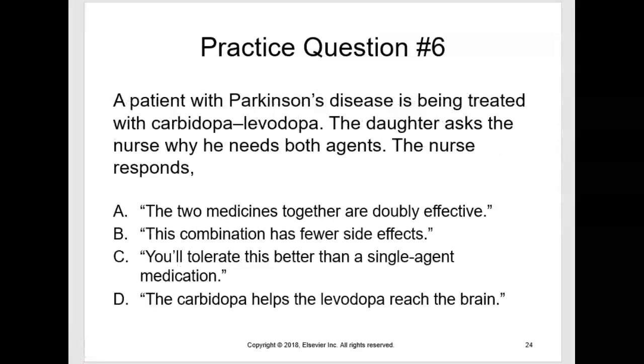For question 6, the correct answer is D. Because of the side effects of levodopa and the fact that so much levodopa is metabolized before reaching the brain, an alternative drug, carbidopa, was developed to inhibit the enzyme dopa decarboxylase. By inhibiting the enzyme in the peripheral nervous system, levodopa reaches the brain. The carbidopa is combined with levodopa in the ratio of 1 part carbidopa to 10 parts levodopa.